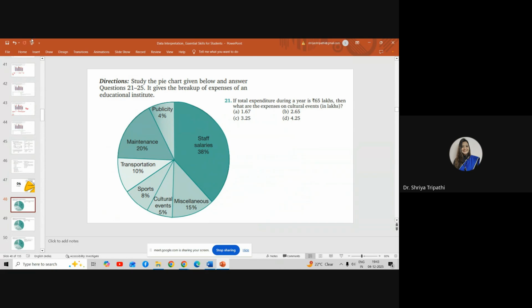If the total expenditure during the year is 65 lakh, what are the expenses on the cultural events in lakhs? Now here the unit which we'll remember is lakh. Cultural event, again, it is amounting to 5%.